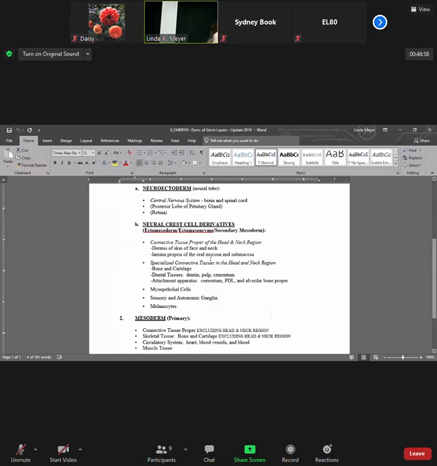Okay, now with the mesoderm, remember there's primary mesoderm. That's the mesoderm that migrated to the middle during gastrulation. And then later on, during the 4th week, when the neural tube is developing, that's a special area made up of neuroectoderm.